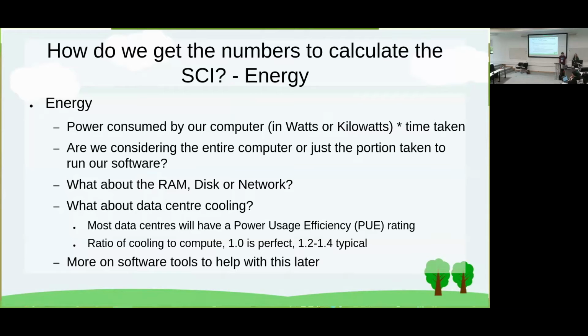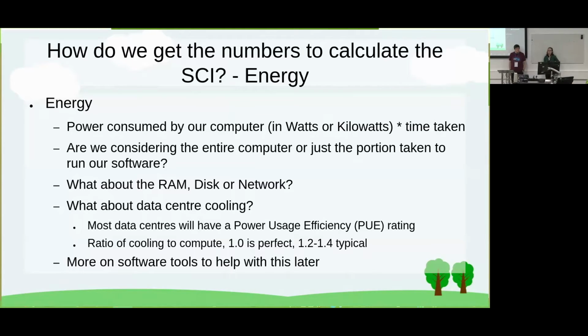With software, you're often using data, or in most cases, if not all, and that has to be processed and stored somewhere, at least if you're not doing this on your laptop or locally. Now, most data centers have this concept called the PUE, which stands for the power usage efficiency, which is a rating that tries to classify the cooling to compute ratio.